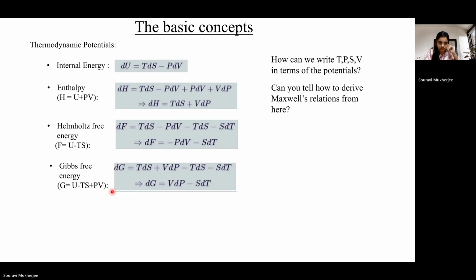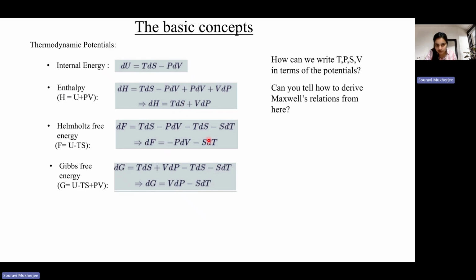Now, an important thing to remember is how we write small changes or differentials of these thermodynamic potentials in terms of other thermodynamic variables. So this expression, dU equal to TdS minus PdV, dH equal to TdS plus VdP.